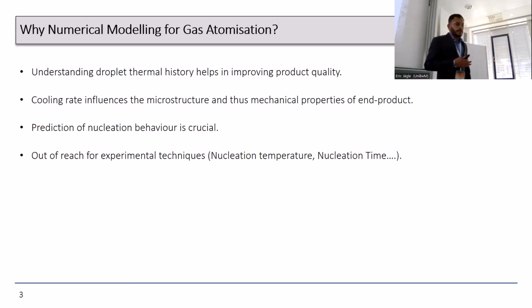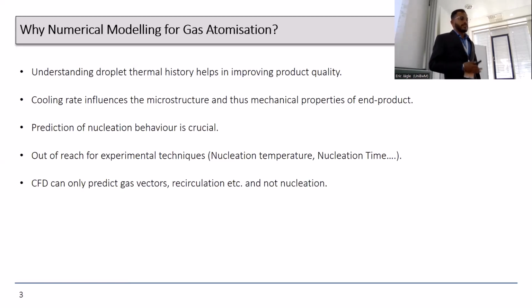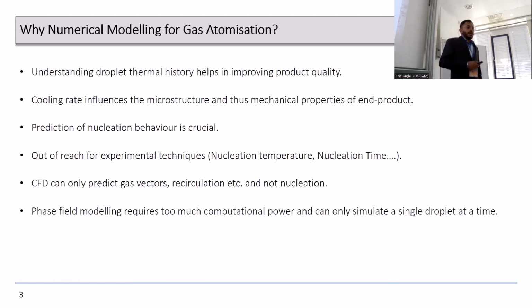With the current technological developments, we are unable to monitor the gas atomization experimentally, or find the nucleation temperature or nucleation time during the process experimentally. So we have to reach out to other techniques, one of them being CFD, where we can do the fluid part and predict gas vectors and recirculation, but we are unable to reach nucleation events.